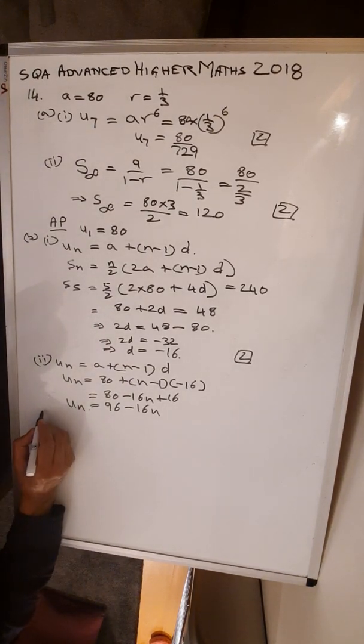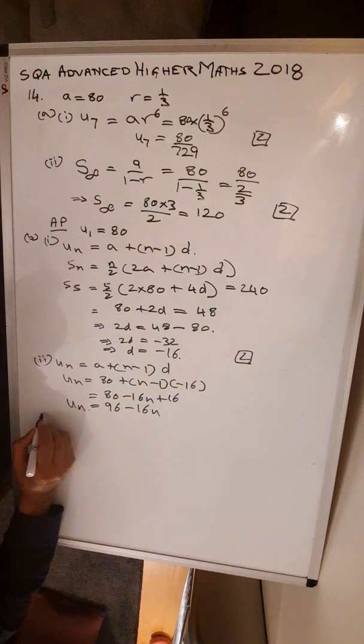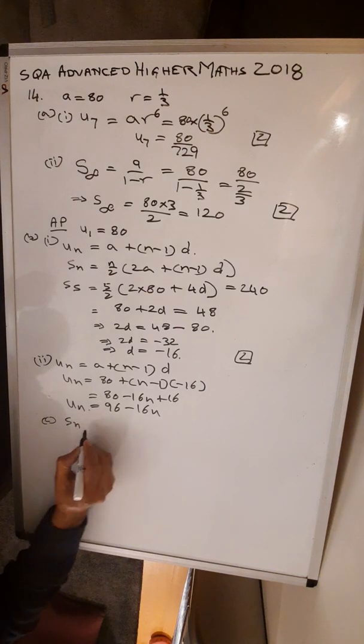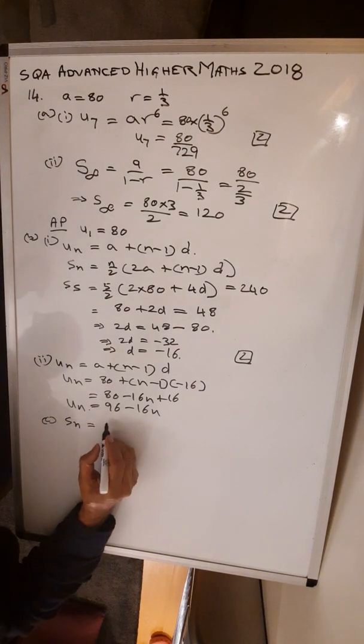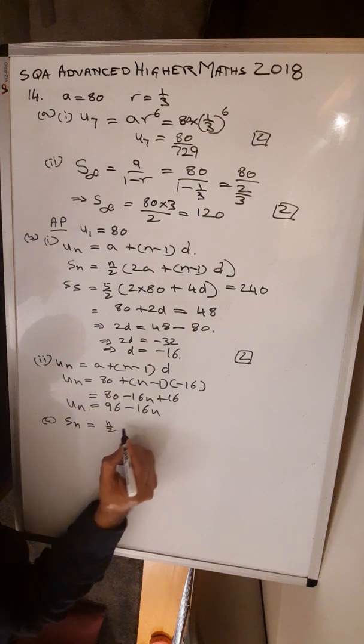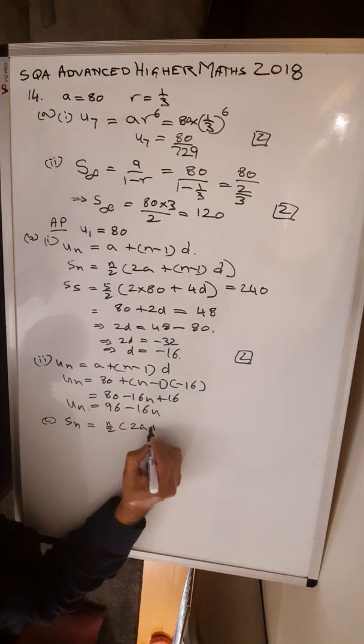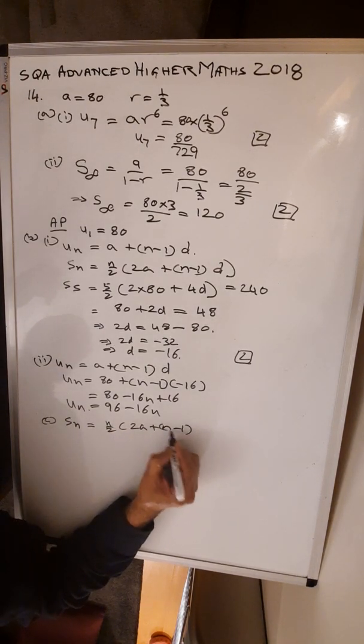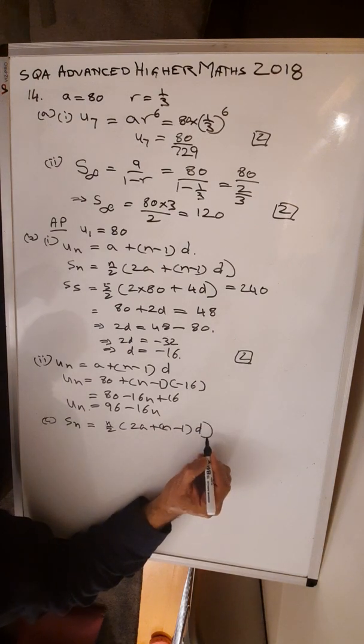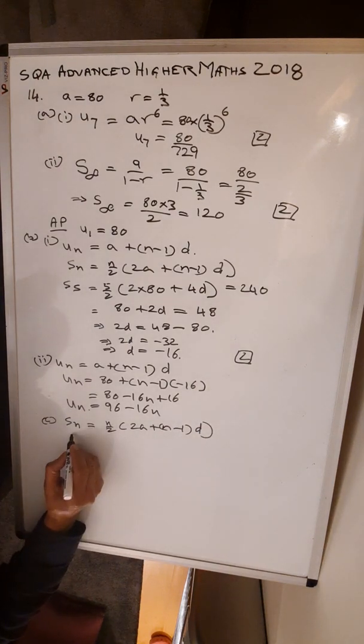Now, let Sn represent the sum of the first n terms of this arithmetic sequence. Find the values of n for which Sn equals 144. Sn is equal to n over 2 times 2a plus n minus 1 d. Sn is equal to 144.